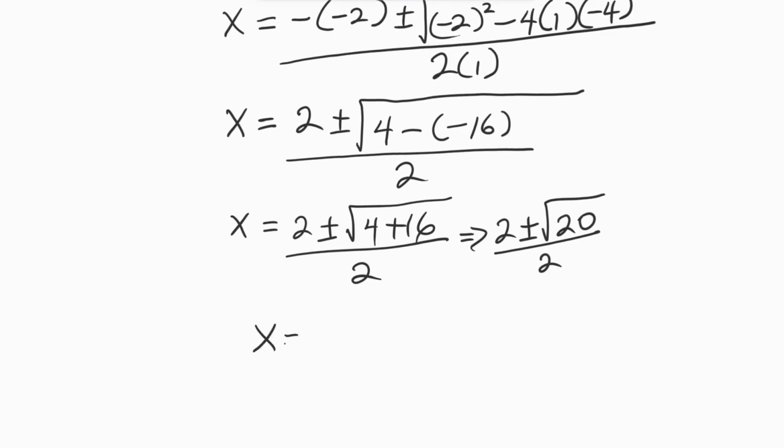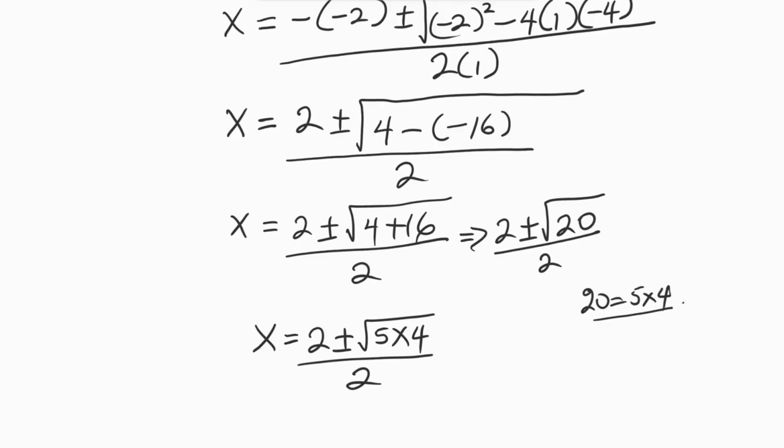Now, let's rewrite 20. 20 is the same thing as 5 times 4, right? Now, because we're trying to break it down, square root of 20 is too big. We need to try to break it down to the simplest form. So now we have 2 plus or minus square root of 5 times 4 divided by 2.